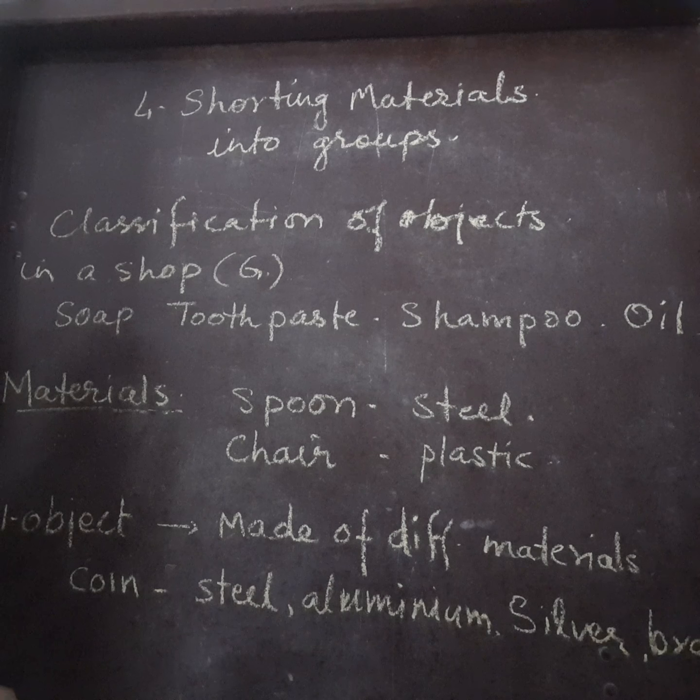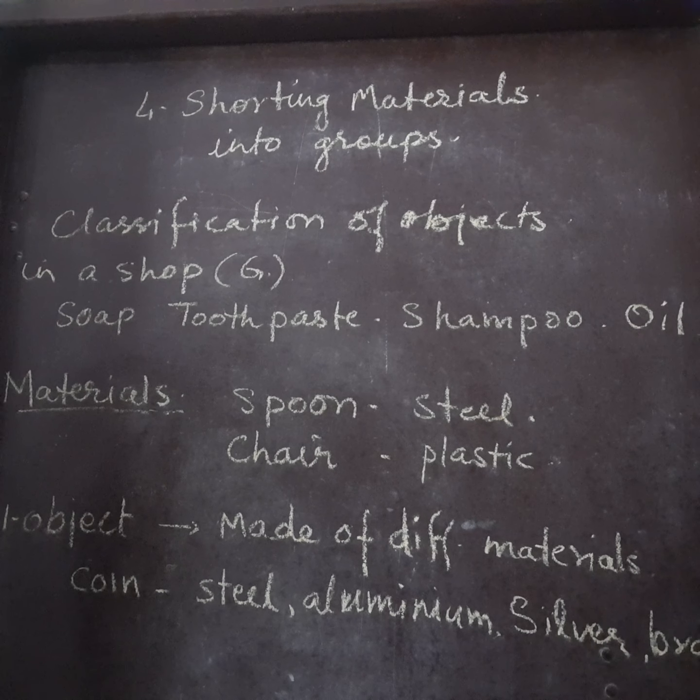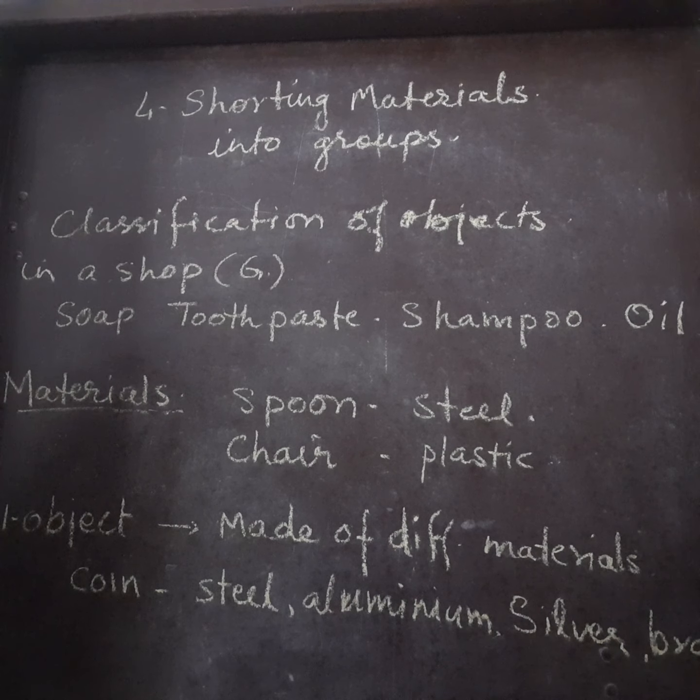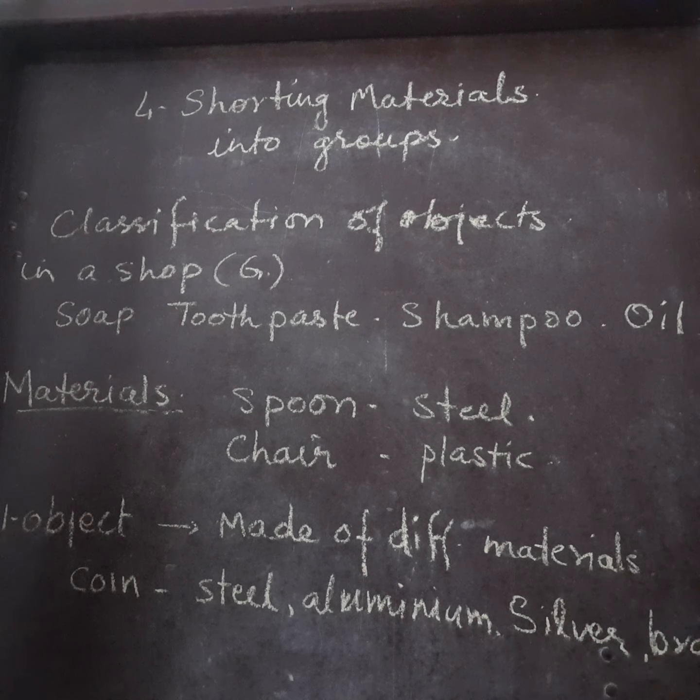So from home we used to sort the things so that they can be placed at the proper place, which makes it easy for us to get them and to locate them. So in this way it is very important not only for studies, but even to follow in life.